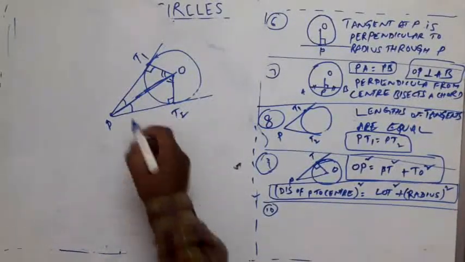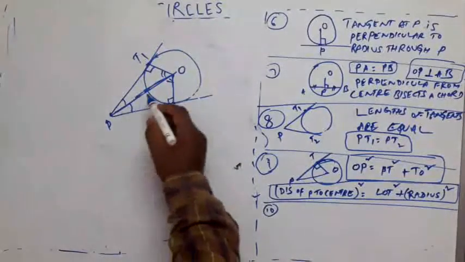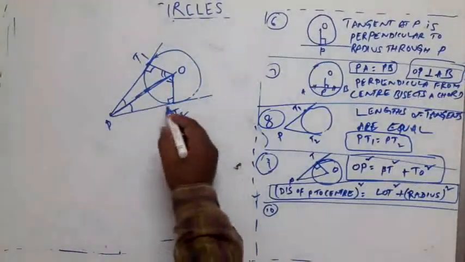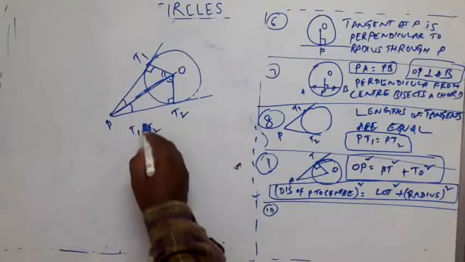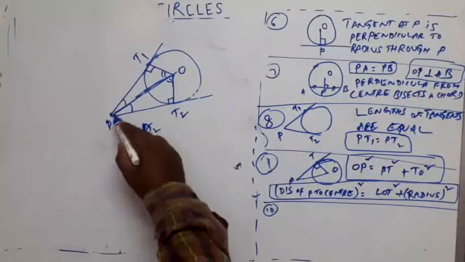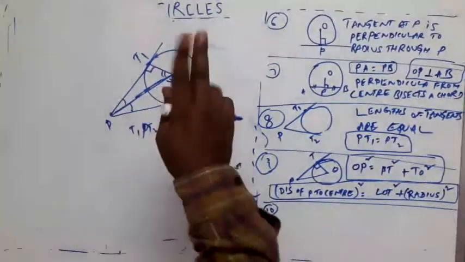Obviously. So these two angles are equal. If I consider angle T1PT2, this angle is divided by this line into two equal parts, is it not?